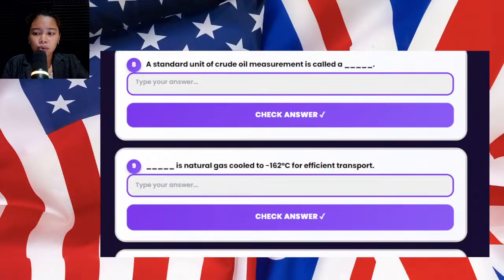A standard unit of crude oil measurement is called a. Okay, share your answer in 10 seconds. Again, a standard unit of crude oil measurement is called a what?